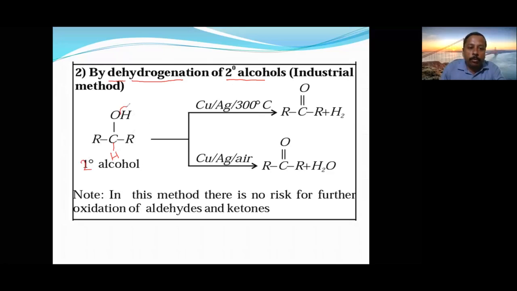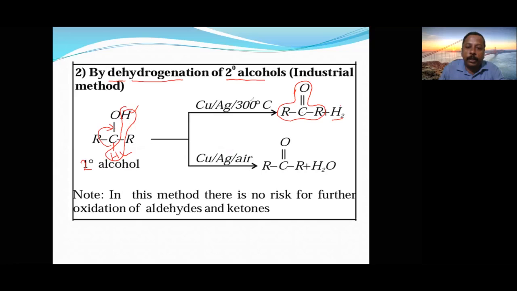When dehydrogenation happens, two hydrogens are eliminated, and then this bond will shift here. Are you able to understand the mechanism? Here one single bond is there. Now there will be a double bond. RCOR plus this hydrogen and this hydrogen, now it will be H2. Understood?